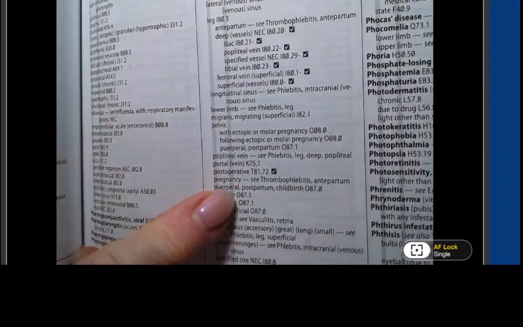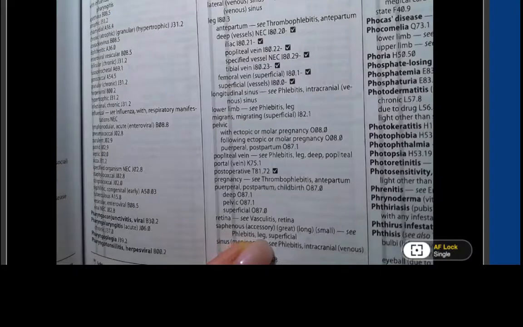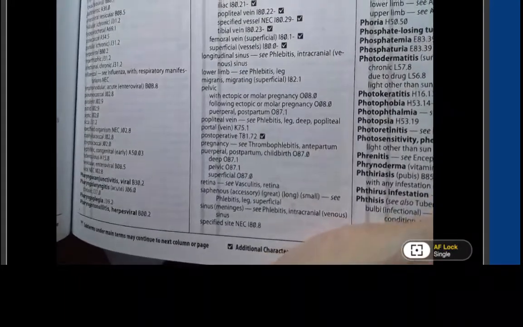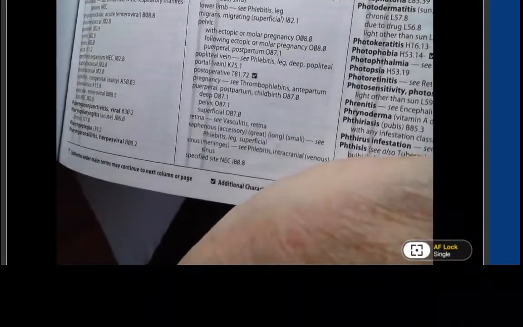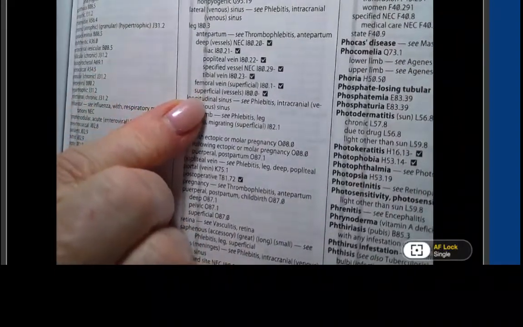If we had looked up the saphenous, phlebitis saphenous vessel here, you see it refers us to a different path, phlebitis leg superficial. So we go back up here. Just look up a little bit, and it's right here.